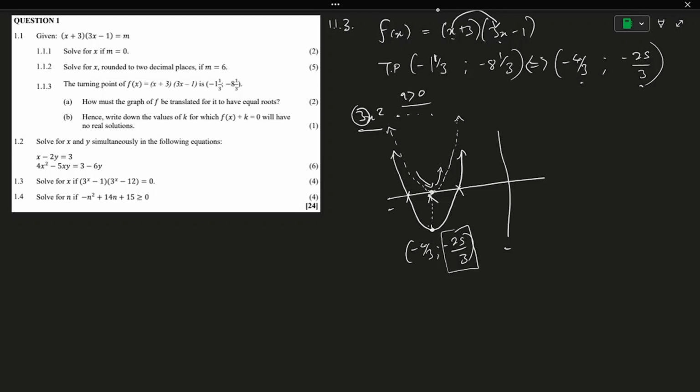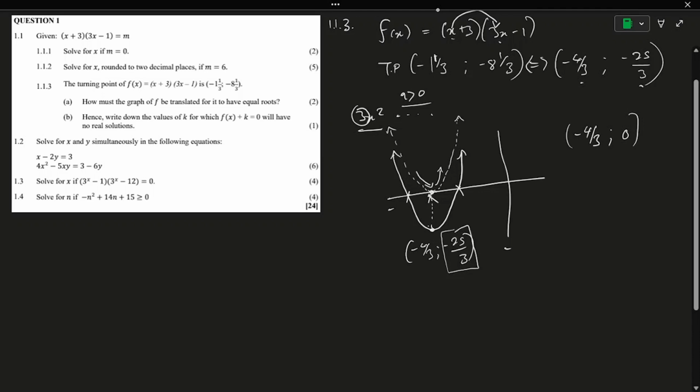So if we can move it up by that minimum value, and cancel out this to be 0 because we need it to be just at the x-intercept. So we need it to be at -4/3 and 0, right?